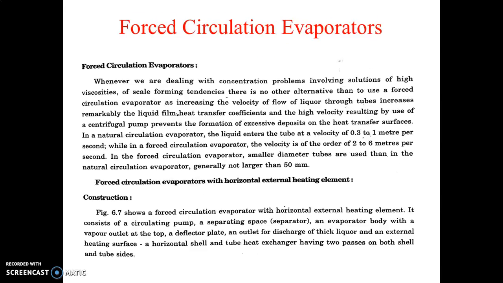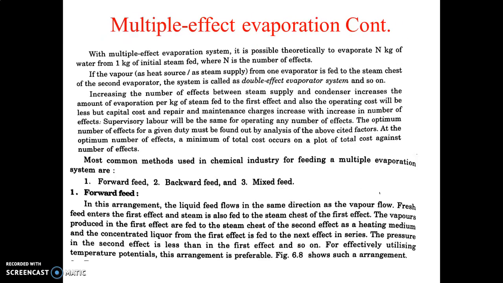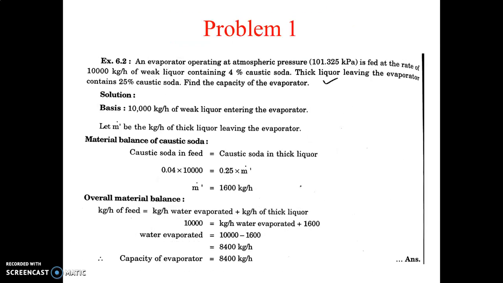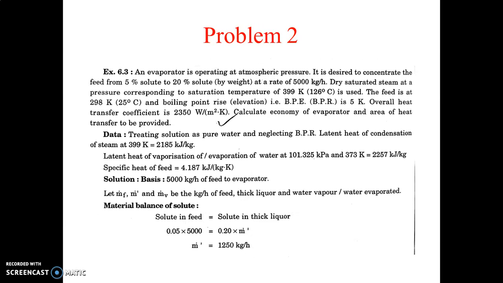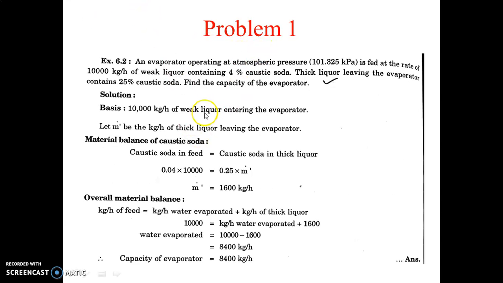So let us start the problem. We will discuss first problem number 1, which depends upon the material balance. An evaporator operating at atmospheric pressure, 101.325 kilopascal, is fed at the rate of 10,000 kg per hour of weak liquor containing 4% of caustic soda.